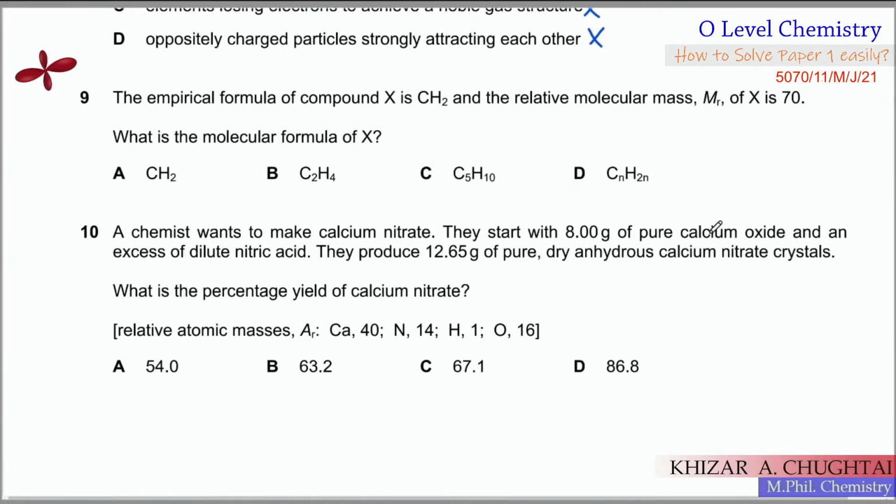Question number 9. The empirical formula of the compound X is CH2, I mean 1:2. The relative MR of this X is equal to 70. What is the molecular formula? So first of all I'm going to find n. n is equal to MR divided by its formula mass.